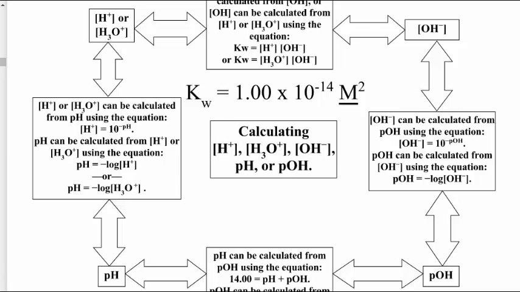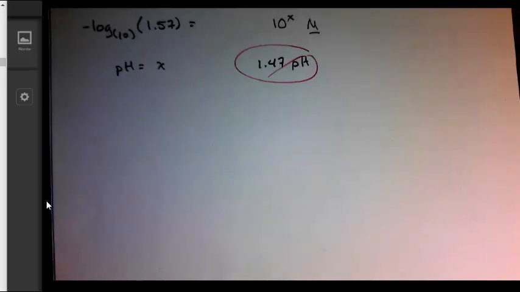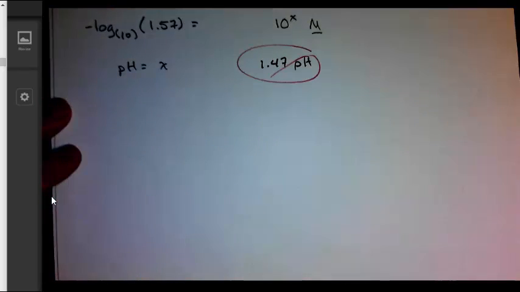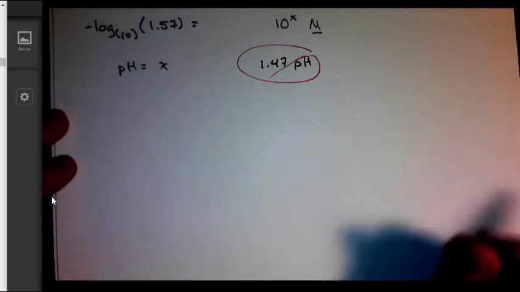So let's walk through a set of those really quickly and just see how that works. All this is on the video, and you need to know how to do this. So let's start with a really quick, easy example here.